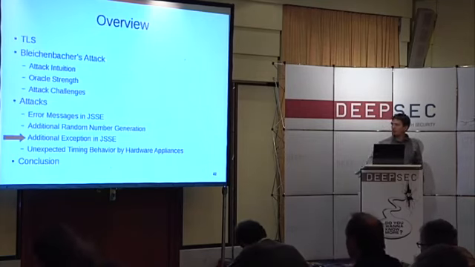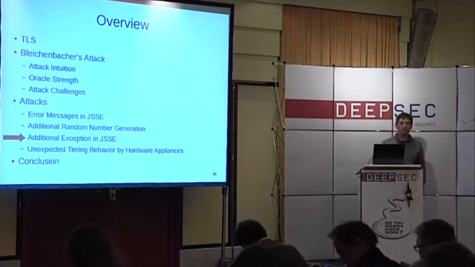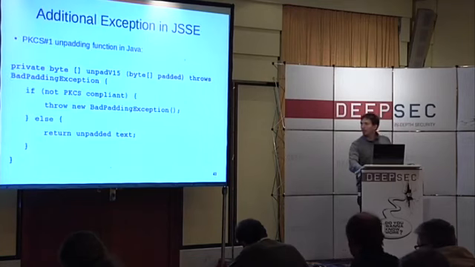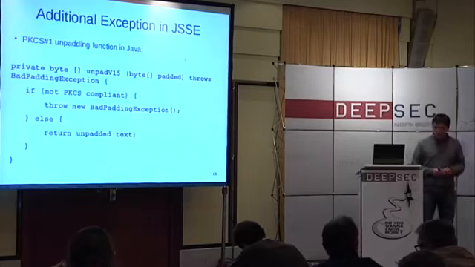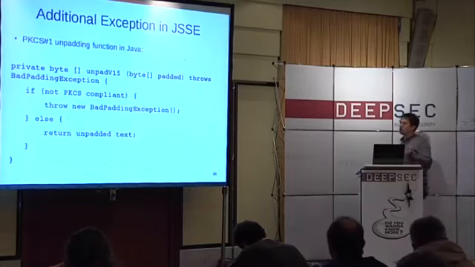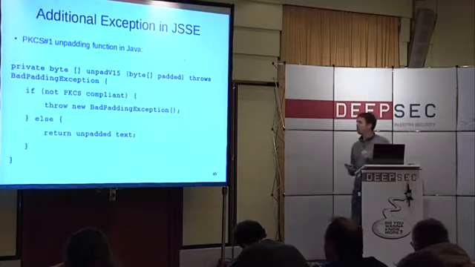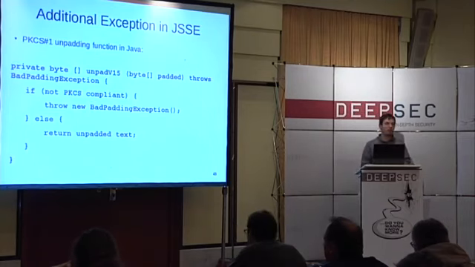Okay, maybe there is something different in different implementations. So again, JSSE. As we measured the previous side channel performance, we saw that there is also a different side channel in JSSE.